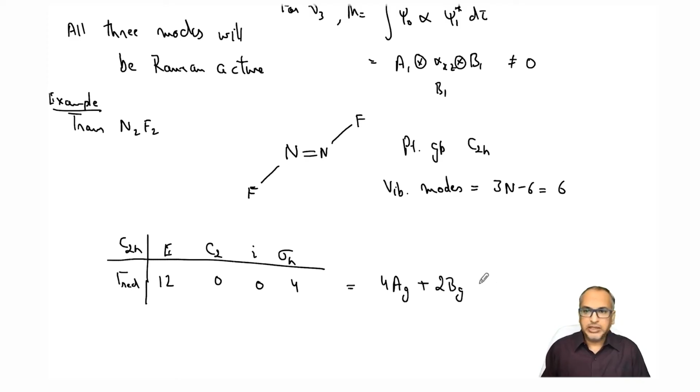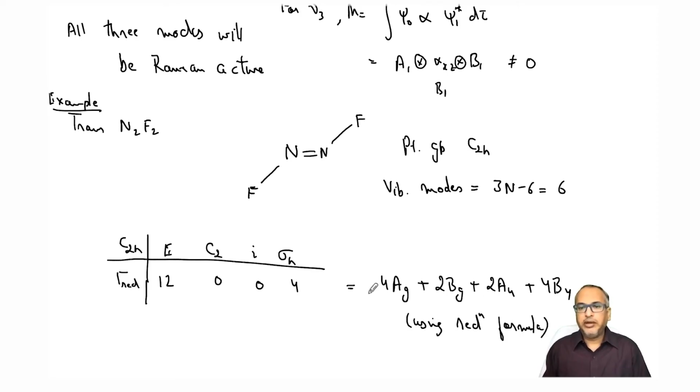I'm skipping all the maths and I expect you to solve it by yourself. So this is using the reduction formula. So we have now obtained the symmetries of different modes, right?